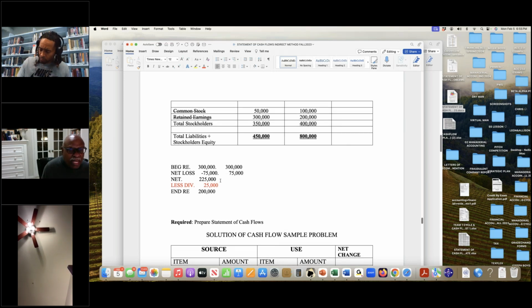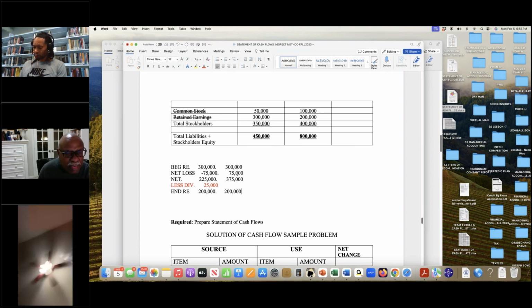So we would have had 375 here. We subtract the dividends, that's what we're looking for. The ending retained earnings is 200,000, and the dividend is the difference between these top two numbers and the ending retained earnings.